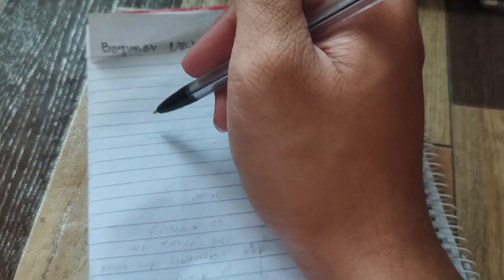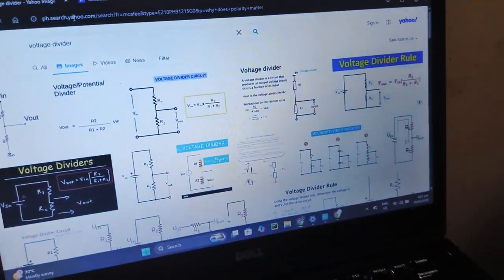Beginner electronics number 12. Why does polarity matter?